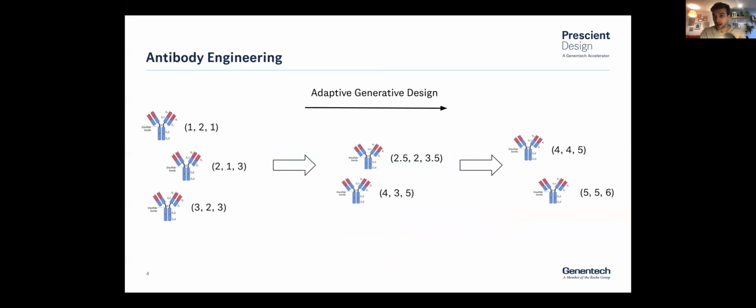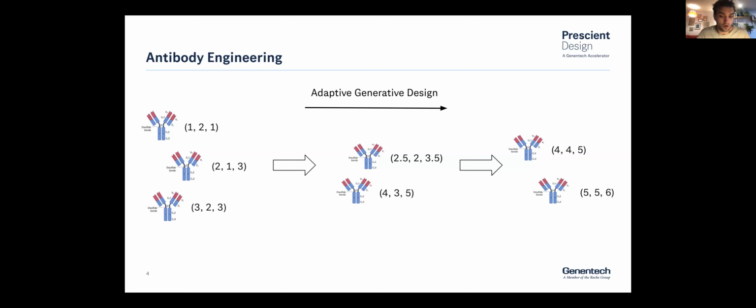Each of these proteins has a set of labels, multiple objectives, and over a series of rounds, we try to optimize these different objectives while being very efficient about the number of evaluations we need to do, through generating mutations from generative models and ranking things with discriminative models.